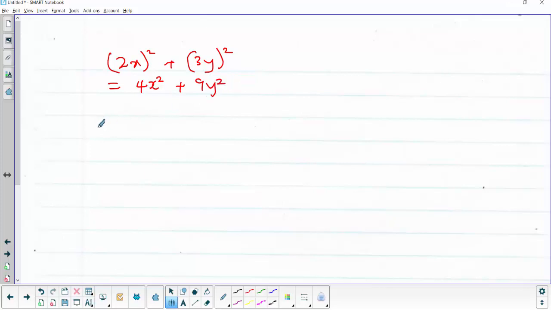So let us now consider both the left and the right together. We have 4x squared plus 12xy plus 9y squared, and we compare it with the other side, which is 4x squared plus 9y squared.